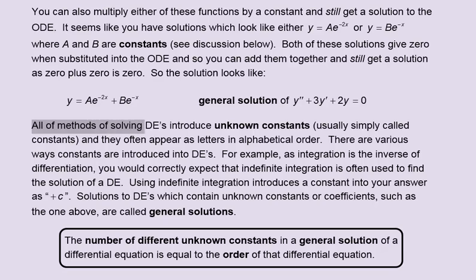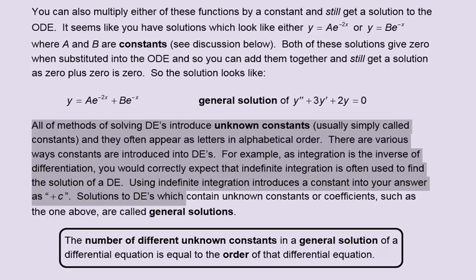All methods of solving DEs introduce unknown constants, usually simply called constants, and they often appear as letters in alphabetical order. There are various ways constants are introduced into DEs. For example, as integration is the inverse of differentiation, you would correctly expect that indefinite integration is often used to find the solution of a DE. Using indefinite integration introduces a constant into your answer as plus c.